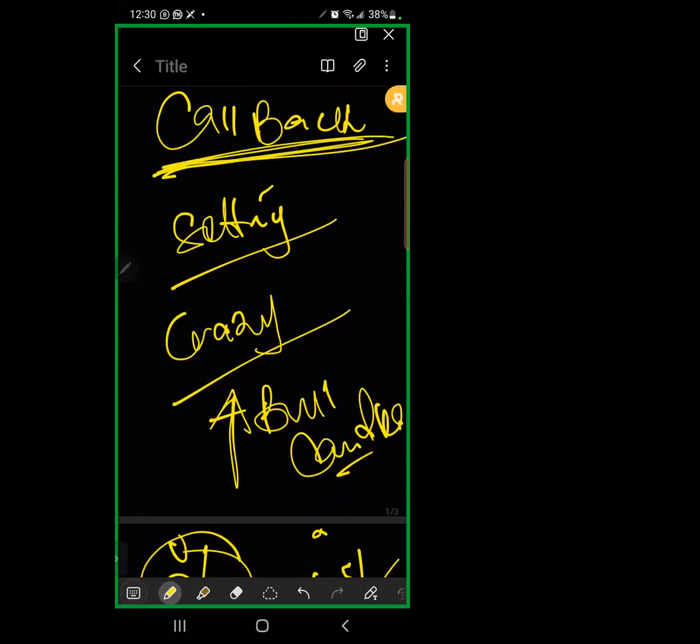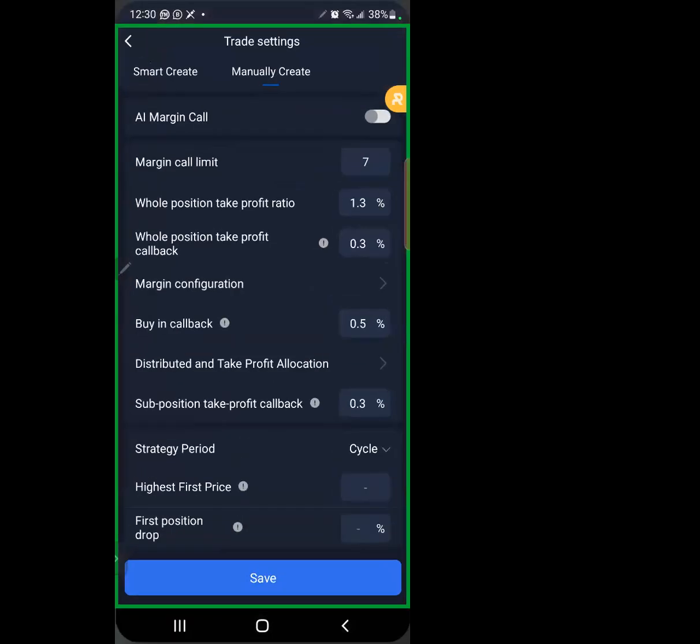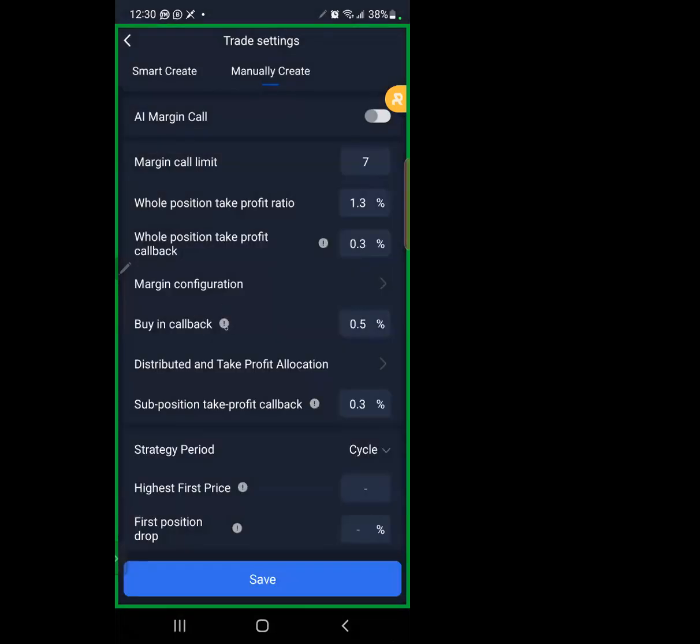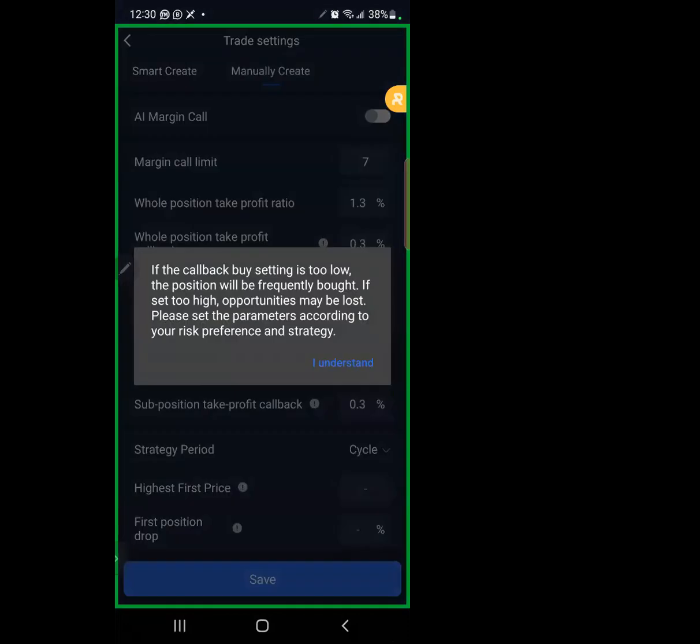This is because of a callback we are going to talk about today. What is a callback? When you order your robot to do something, okay? I'm going to start with a buy-in callback. When we are doing our trade settings, we have buy-in callback here. When you tap that icon with an exclamation mark in the circle, it says, if the callback buy setting is too low, the position will be frequently bought.